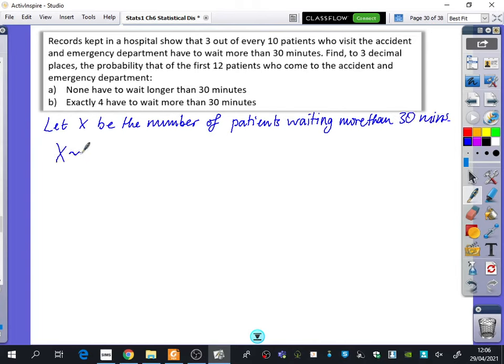So X is going to be distributed binomially. What should go in my brackets for the binomial bit? 12 and 0.3. The 0.3 comes from this, 3 out of every 10. The first thing it wants me to find is the probability that none of them have to wait longer than 30 minutes.